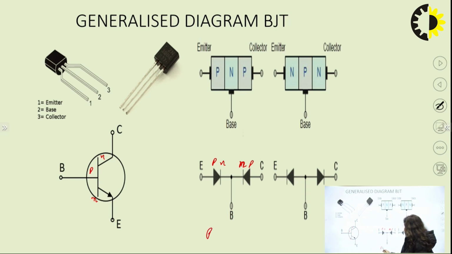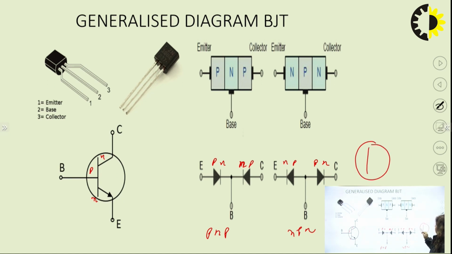Similarly, this is N, P, P, N, so this is NPN, and because this is N, this is P, and this is N, the current will flow from here to here. So we can draw these diagrams for generalizing the BJT structure.